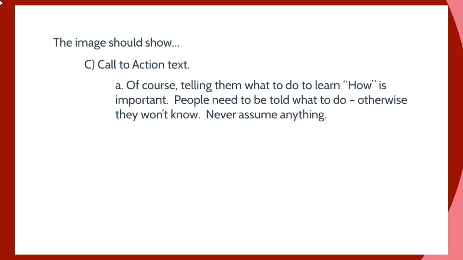Never assume anything. Never assume that they know what to do. Always tell them. So you're going to need to have a call to action text that says, click here to get recipe. So something short and sweet. Click to watch how to create this recipe or whatever you're trying to sell. So never assume anything and tell them the exact call to action.